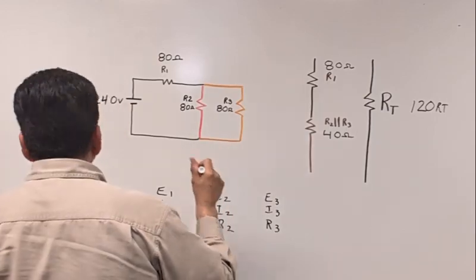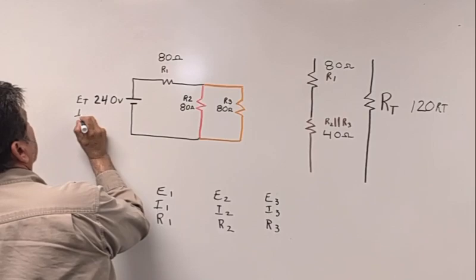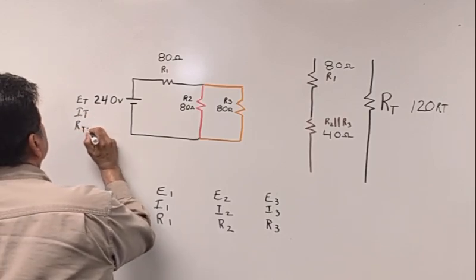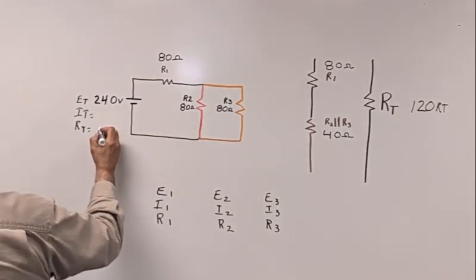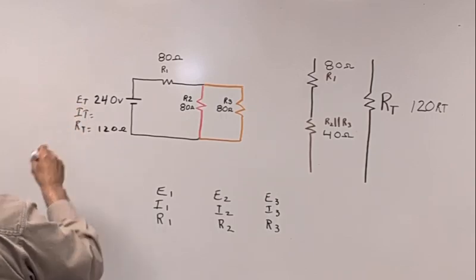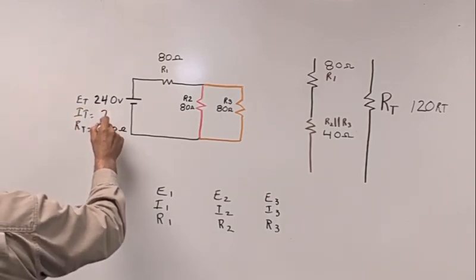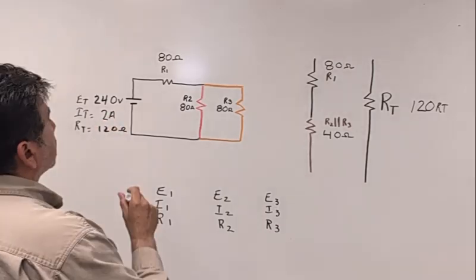So now that I know R total, I can say that E divided by R is I, right? So I have 120 ohms divided into 240 volts. I have 2 amps in this circuit total.